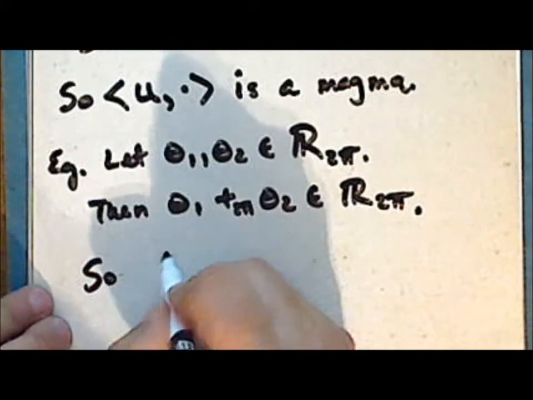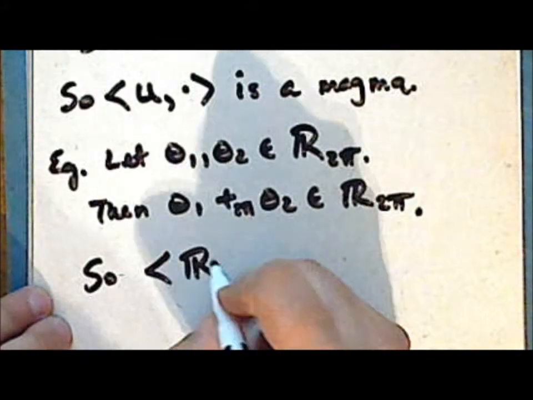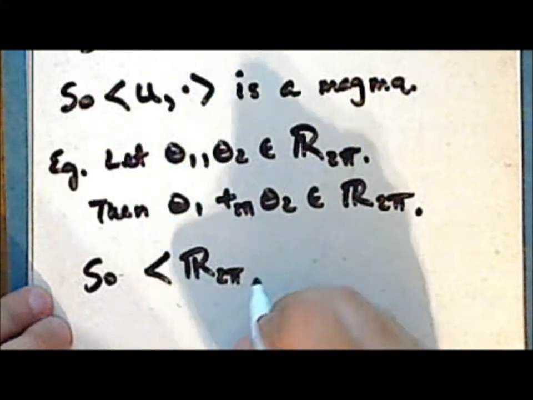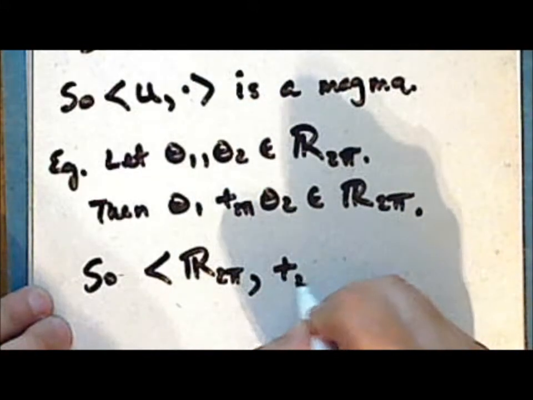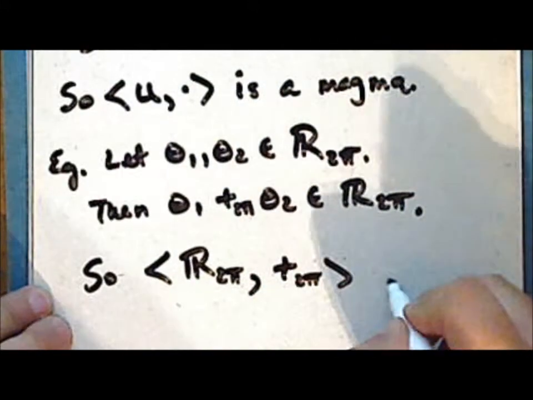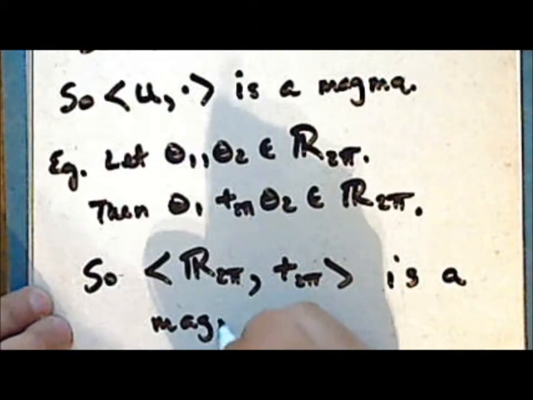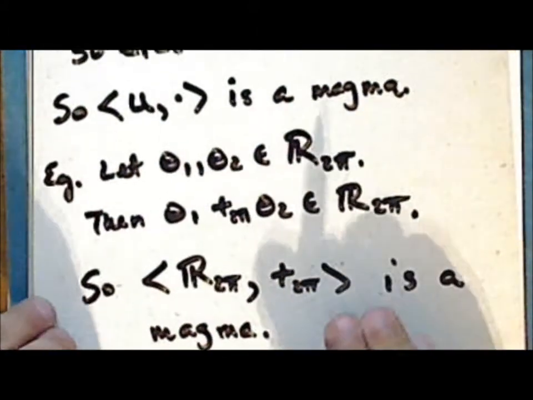And so the structure consisting of the set, which is the half open interval from 0 inclusive to 2 pi, and addition modulo 2 pi, is a magma.